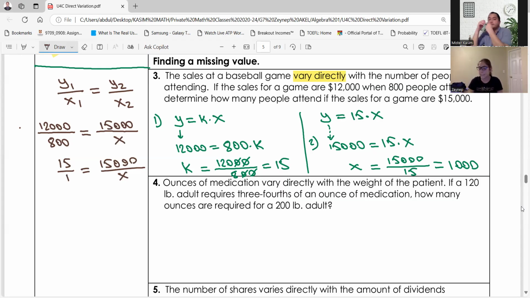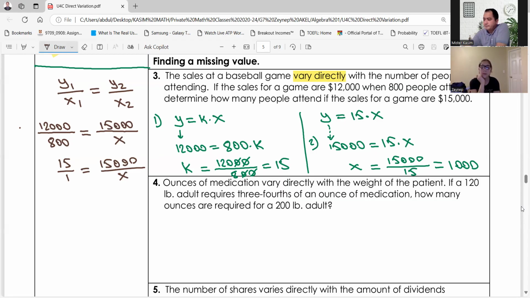All right. Question 4. Ounces of medication vary directly with the weight of the patient. If a 120-pound adult requires 3/4 of an ounce of medication, how many ounces are required for a 200-pound adult?